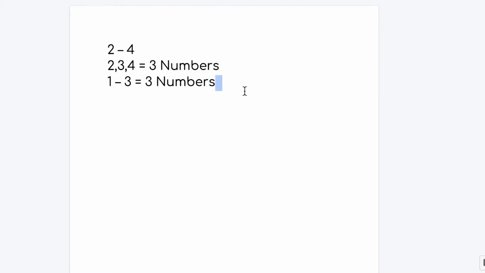Let's say we're trying to count the numbers from 2 to 4. That's one you can just count manually. That's just 2, 3, 4. So that's 3 numbers. And you may notice that 1 to 3 is obviously also 3 numbers, because we are going up to 3. What can you notice about 2 to 4 and 1 to 3?